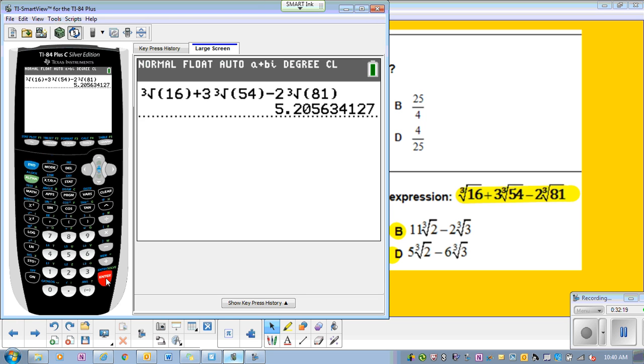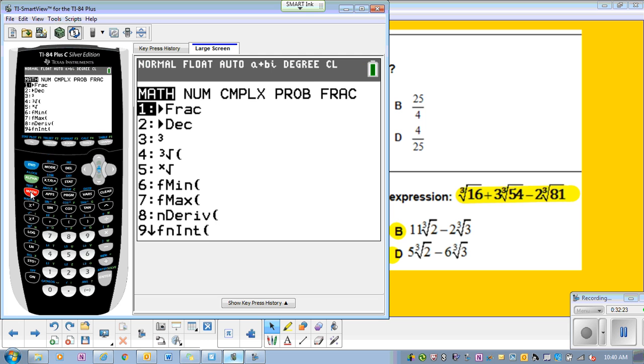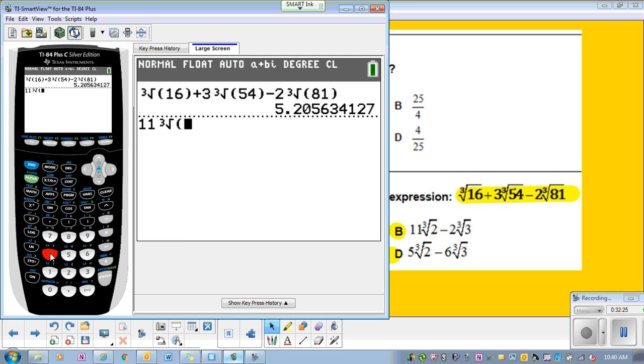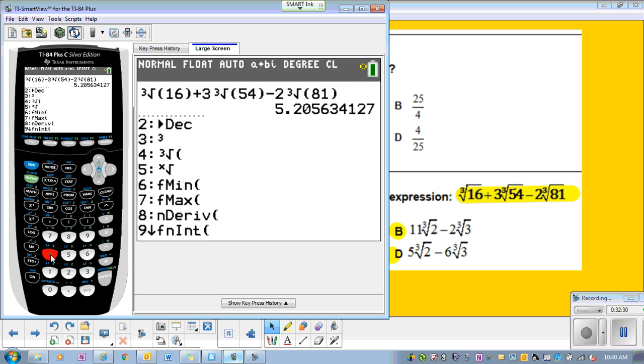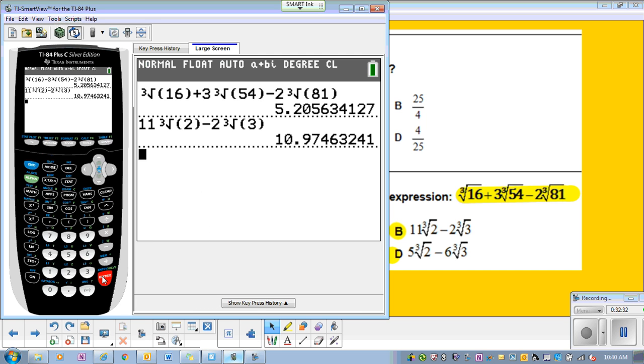So, if I match it up to B, 11 cube root of 2 minus 2 cube root of 3. Oh, B doesn't work. Doesn't match up. Somebody try A. A works. So Abner says A works. Hernan?